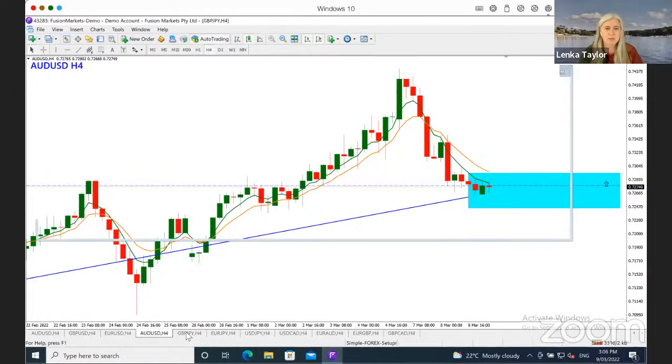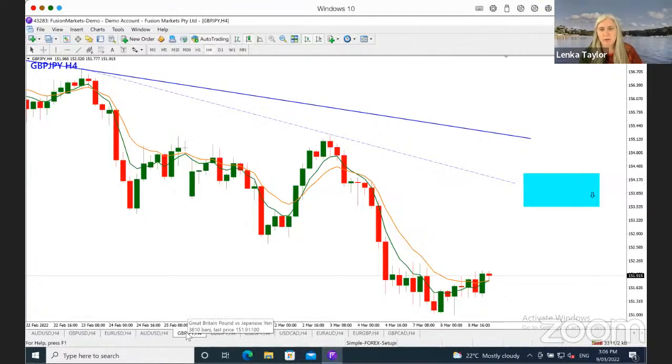Next currency pair I'm looking at is GBP/JPY, and I'm looking for short again this week. This was one of the trades that we again took last week. We shorted from about here. It was a 1, 2, 3 risk to reward ratio trade, ended in profit. So now we're at the bottom of the trade.